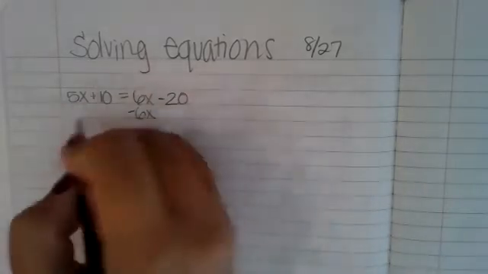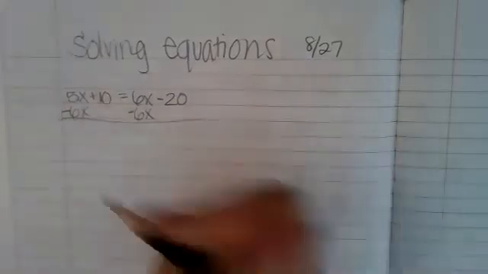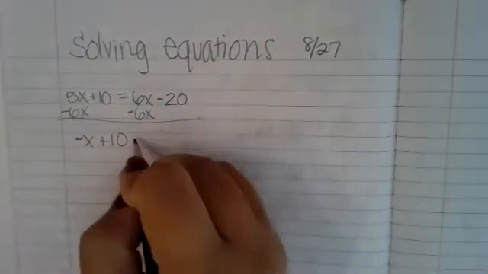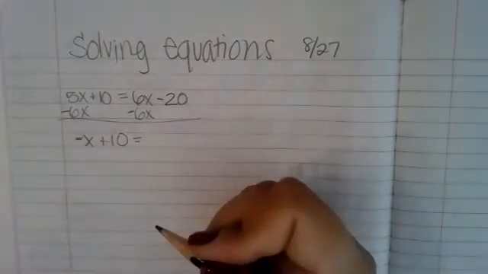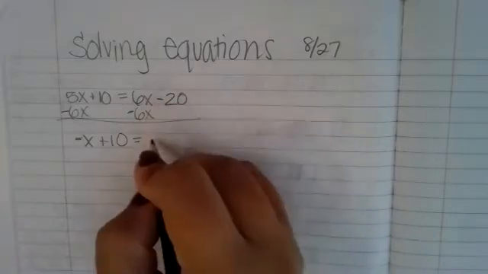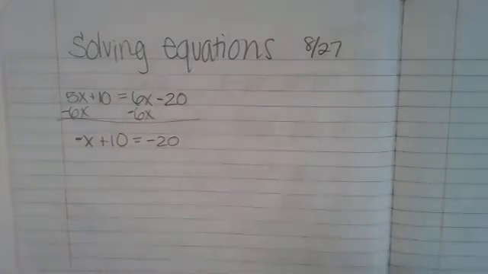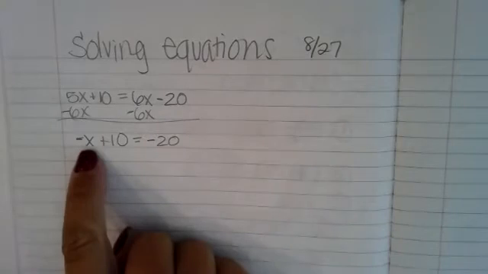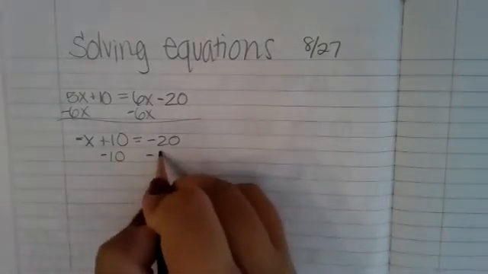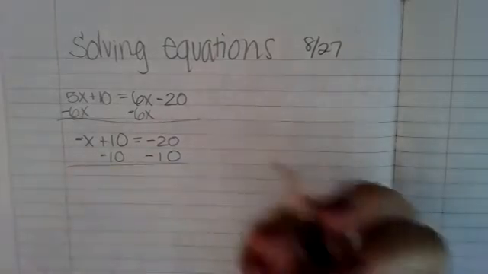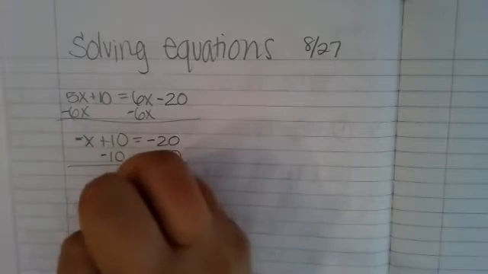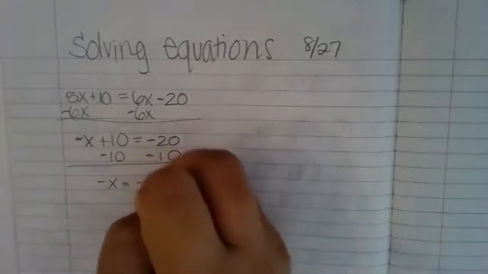So inverse, that means that I have a negative x plus 10 is equal to a negative 20. Now I'm trying to get this isolated. So I'm going to move the 10. I end up with negative x is equal to negative 30.